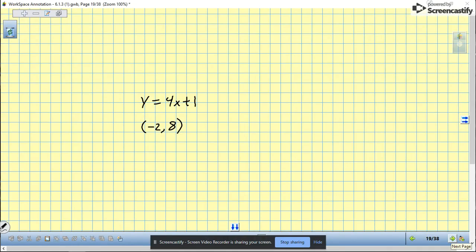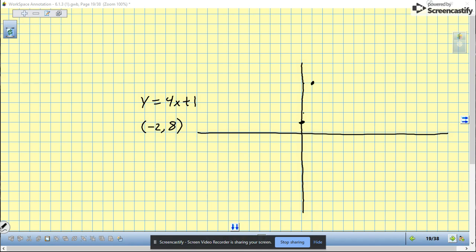All right, so let's get our graph going. And 1, and then we go up 1, 2, 3, 4 over 1.